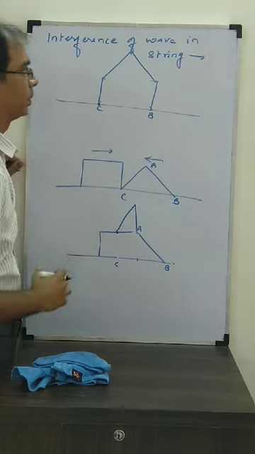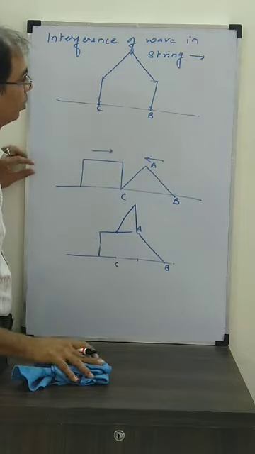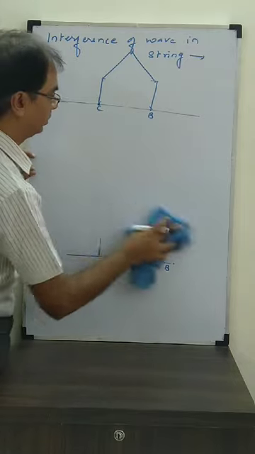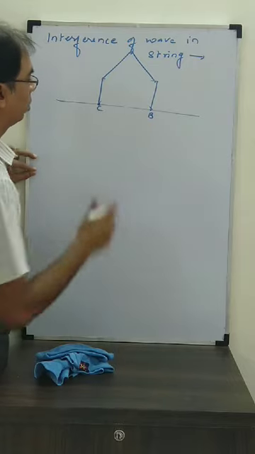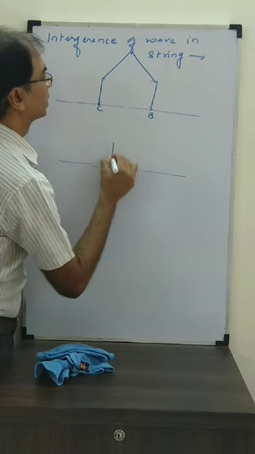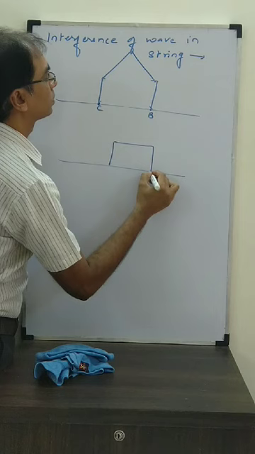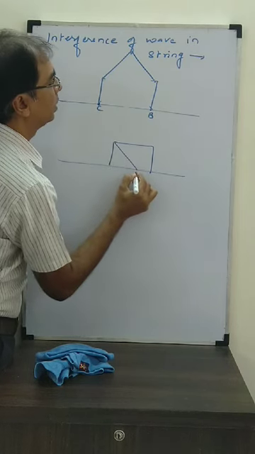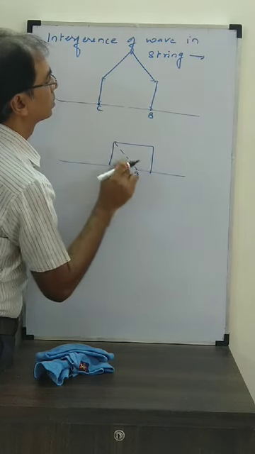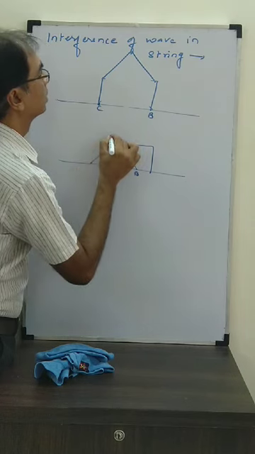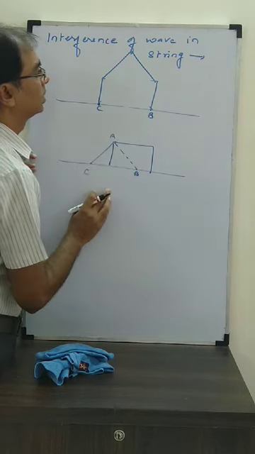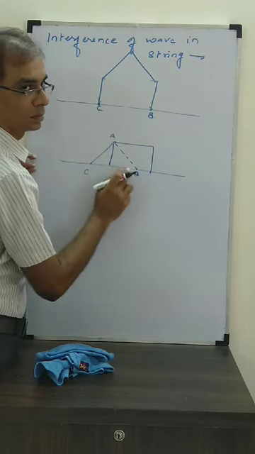And after that, what will happen? Both will go into their own way. What is their own way? Own way is like this. So again, rectangle. This is B. And this is C. So where is the interference zone? Here. Okay.